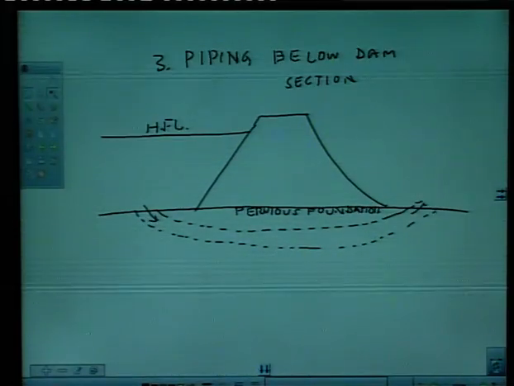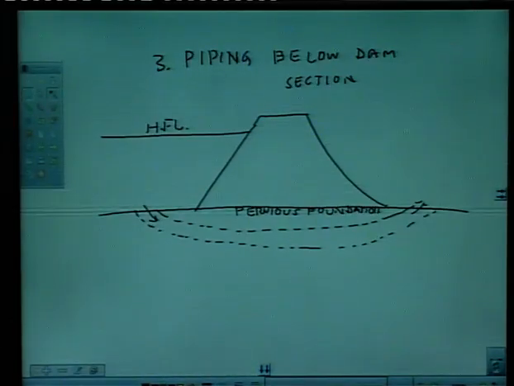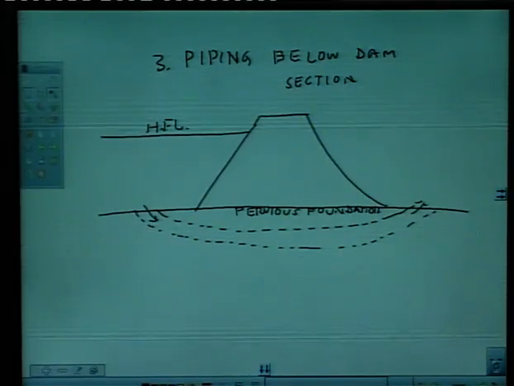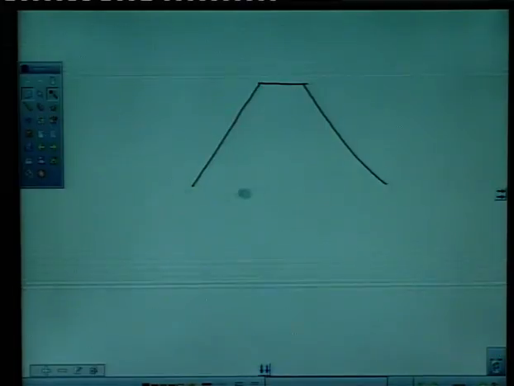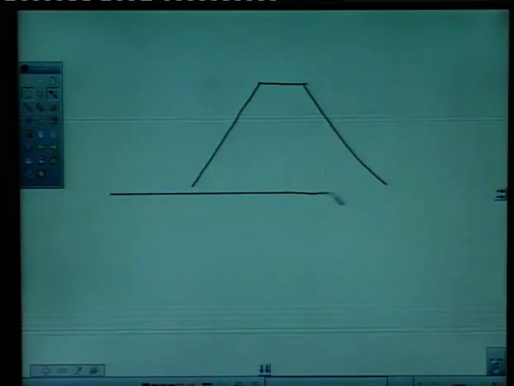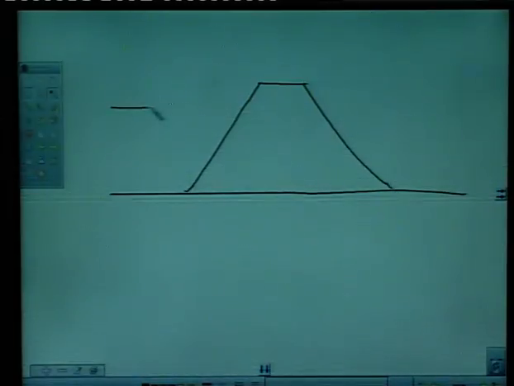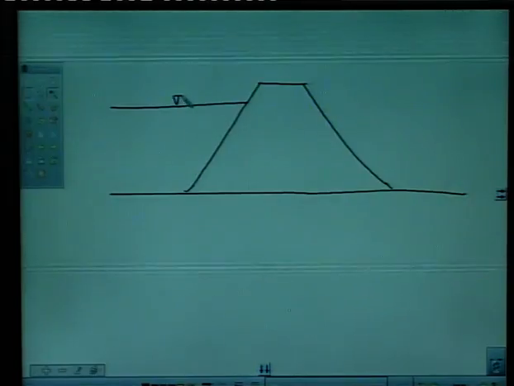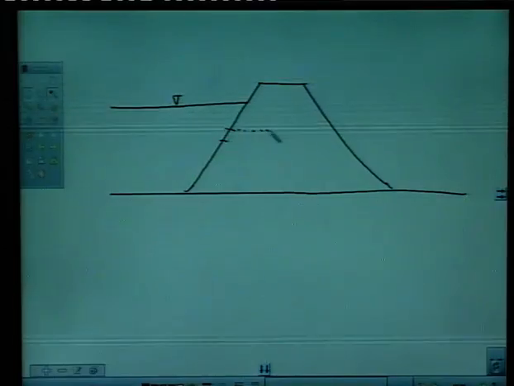So, we are to ensure there should not be any piping effect, piping through the body of the dam. Then there may be a possibility that your dam section is like this one, and water is like this one, and it forces to erode some part and it comes out like this one.